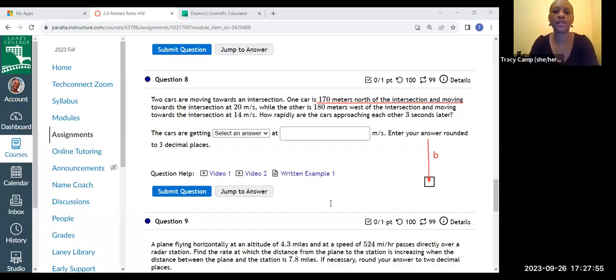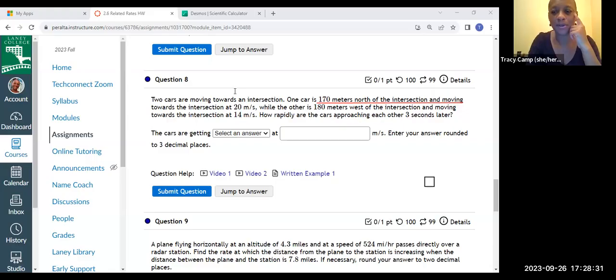You know what? That's not a great picture. I'm gonna draw something that's better because I just said I'm not paying attention to the numbers, and I just noticed I should pay attention to this 170 when I'm identifying my variables. That's because this car starts off 170 meters north, right?